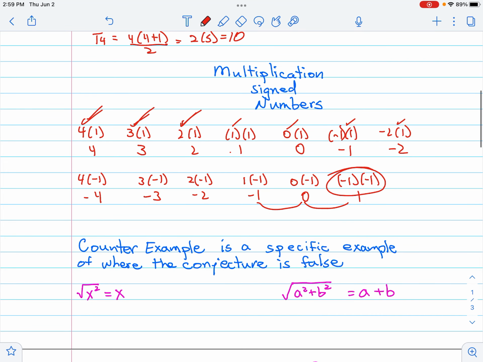Now, I've got a couple here in math. Let's suppose that we conjecture that the square root of x squared is equal to x. Well, that's true a lot of times. If x is equal to 2, the square root of 2 squared is equal to 2. But here's a counterexample.